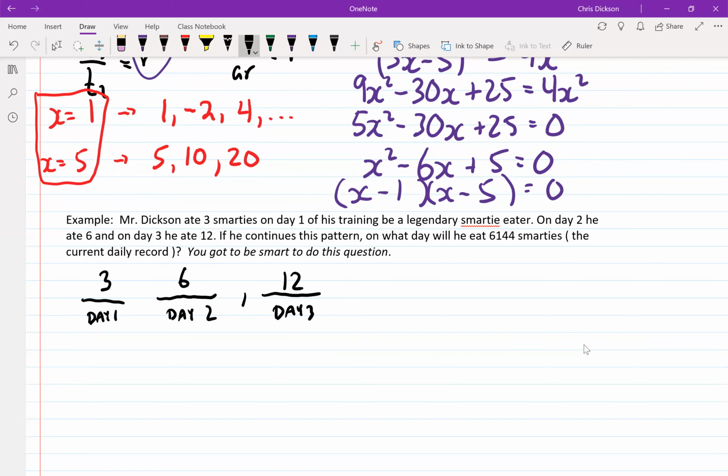So it seems that I'm doubling my Smartie intake every day. So 3 times 2 is 6, times 2 is 12. And this just keeps on going because I am a determined person. And my last day is what I'm being asked to find. So what day will I eat 6,144 Smarties, which is actually quite a feat.